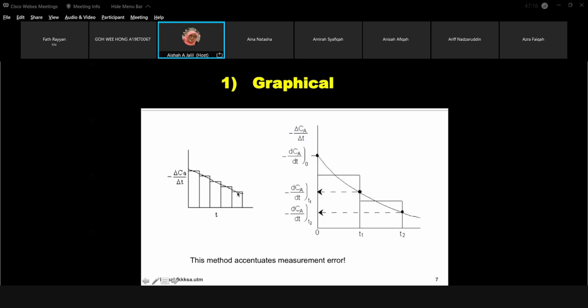Sometimes you get a wobbly, bent line, but please get a smooth one. The best one touches the center of each bar.